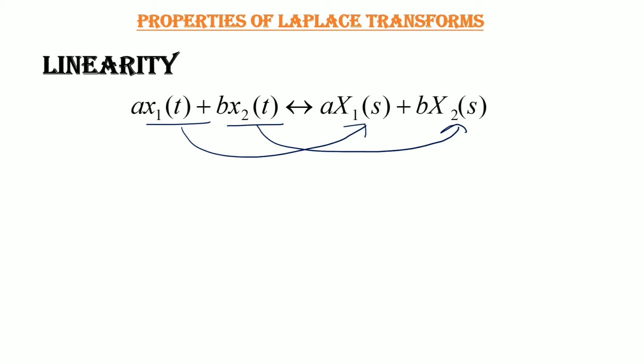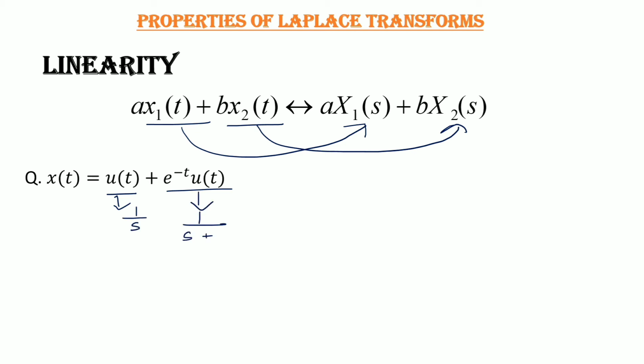Okay, suppose we have one question, u(t) and e to the power minus t u(t). In our previous video, if you don't know, you can press the I button and you can see the introduction of Laplace transform, where I have derived the equation from the integration. From there we can see that u(t) has Laplace transform 1 by s and the other has 1 by s plus 1.